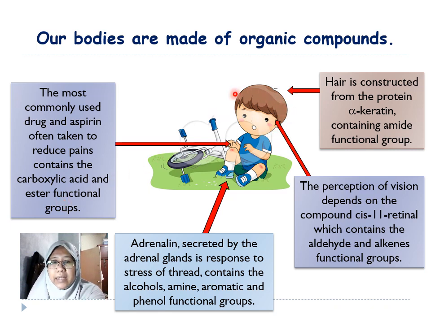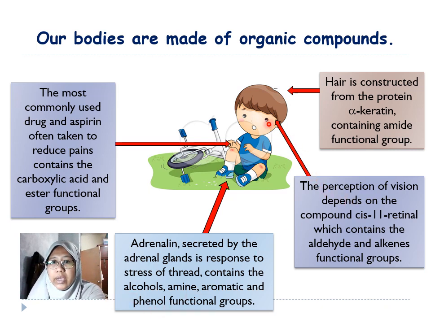His hair naturally is constructed from the protein alpha keratin containing amide functional groups. And as he falls down, adrenaline will be secreted by the adrenal glands in response to the stress. So this hormone contains alcohol, amine, aromatic, and phenol functional groups.